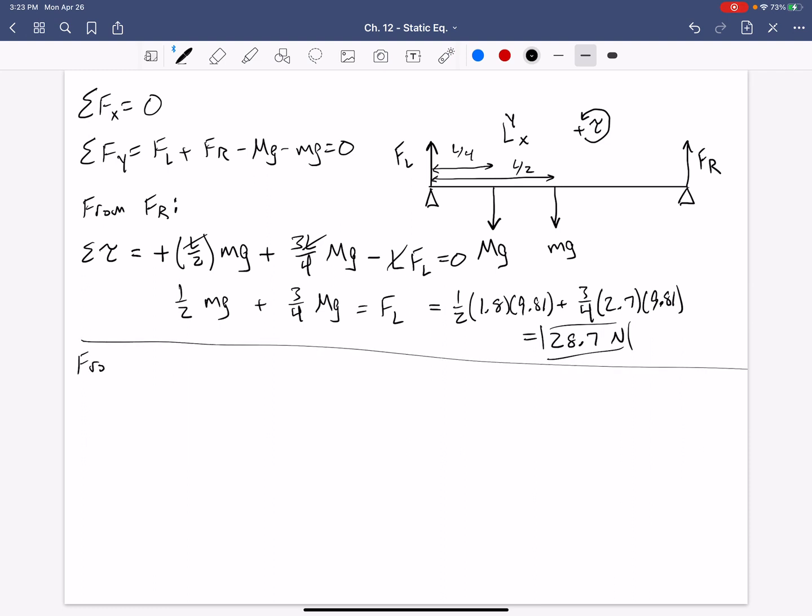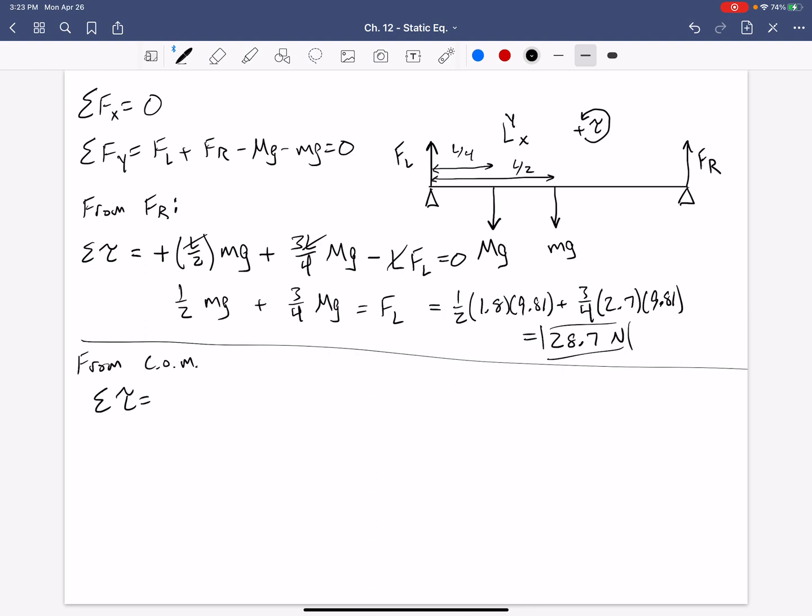Okay? So now, let's kind of draw a line and do it again. So from, I'll say the very center, the center of mass. Okay? So the very center right there. Sigma tau, again, which forces will give us a positive torque?